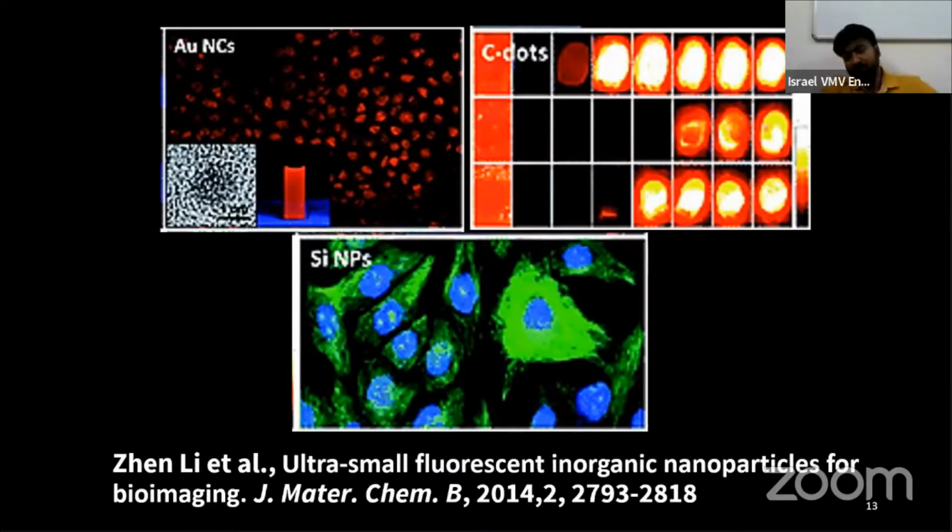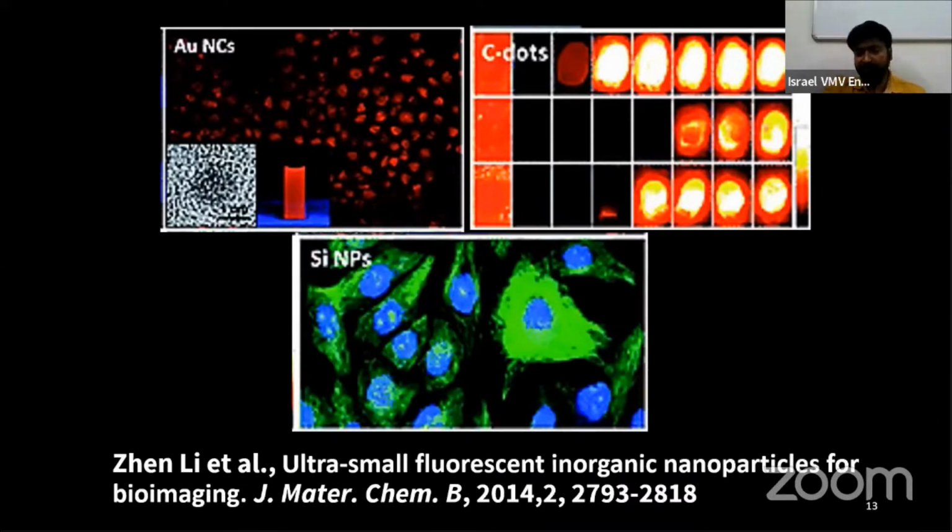This can be used for image guided surgery, imaging cells, the transport of drugs in the circulatory system, the cellular uptake of therapeutic molecules. All these can be analyzed. Another one you find at the right frame is carbon dots. I talked about carbon nanotubes, fullerenes, the third allotrope of carbon I said, and there is one thing called carbon dots.